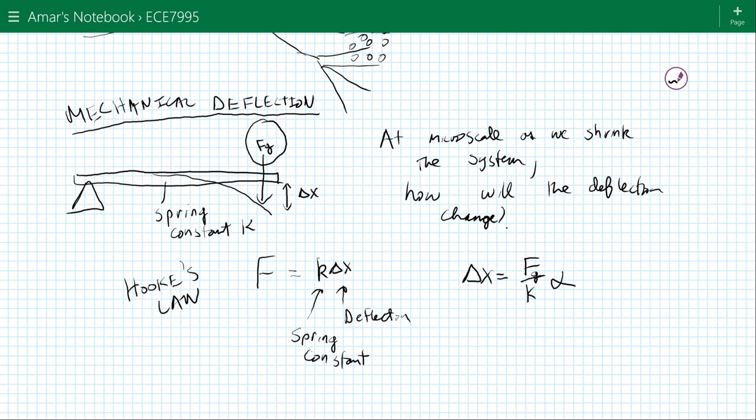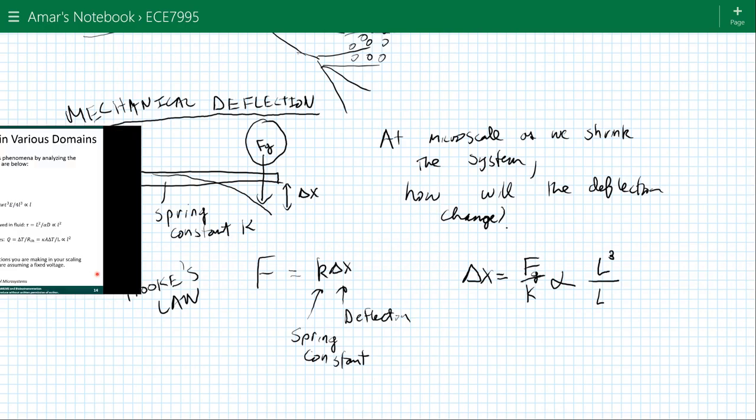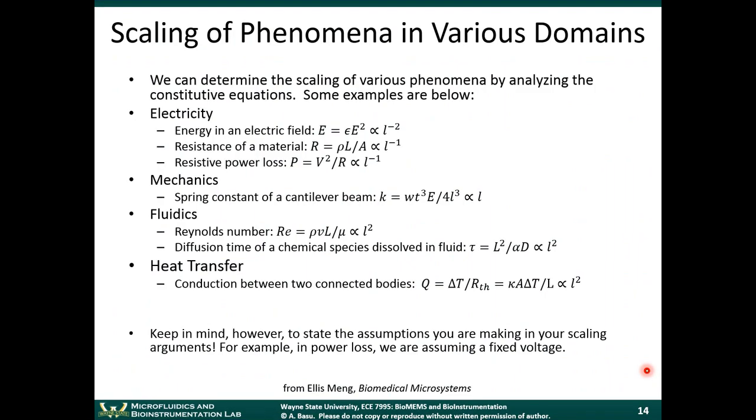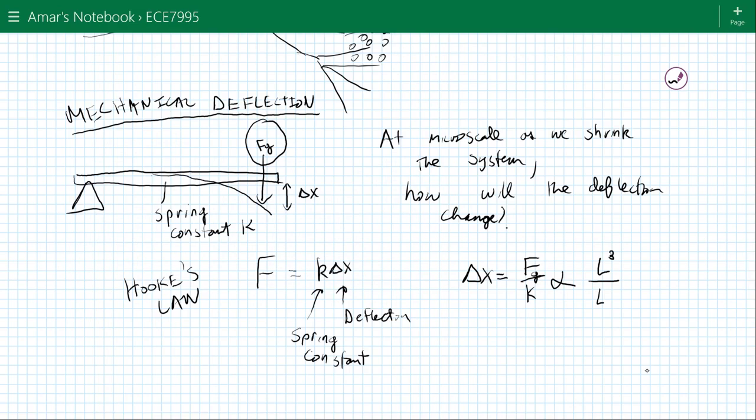L cubed. That's correct. Gravitational force scales as L cubed, and the spring constant scales as L. So then this is proportional to L squared.